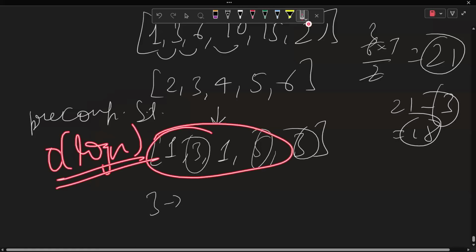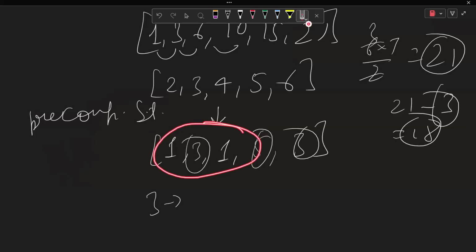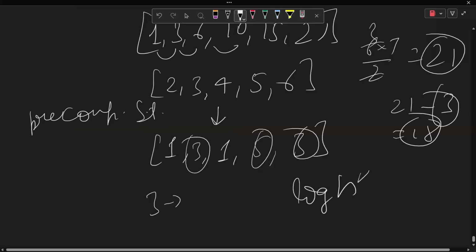Now, once you fix an L, you apply a binary search and check if the GCD of this range is greater than 1 or not; the check function would be just checking on that. So binary search would take log n time, and the query of your sparse table or segment tree would take log n time.